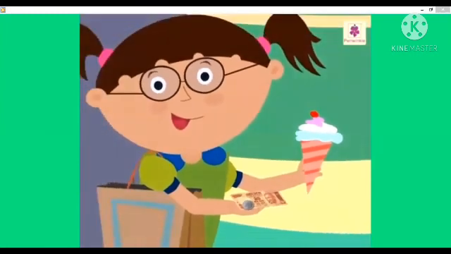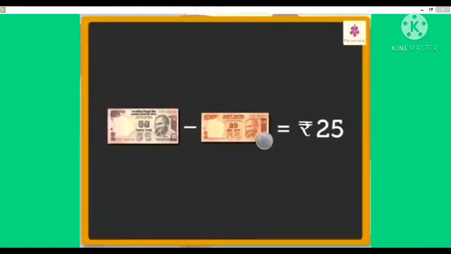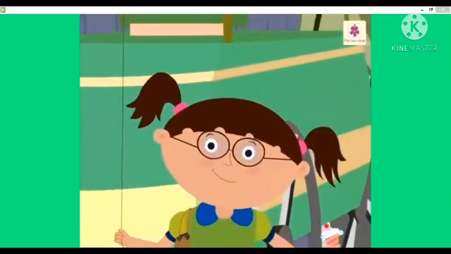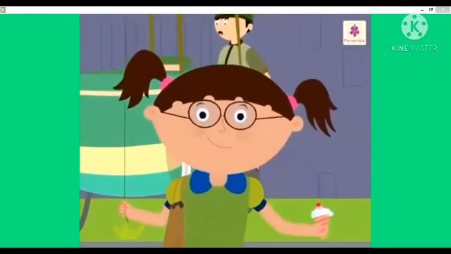So he gave her 25 rupees back. So what is the cost of ice cream? 50 minus 25 is equal to 25 rupees. So the cost of the ice cream is 25 rupees. Look at Syra. She is so happy with the balloon in one hand and ice cream in the other.